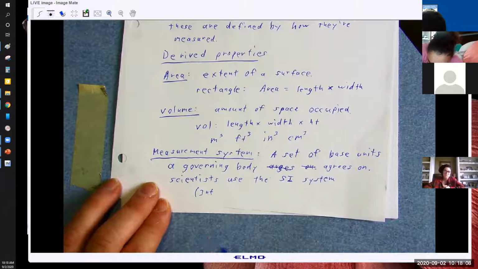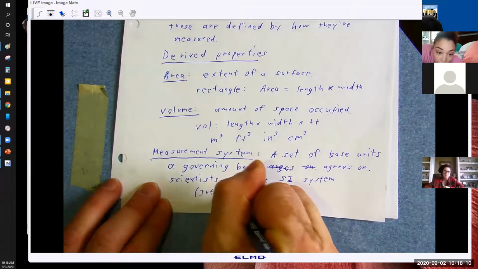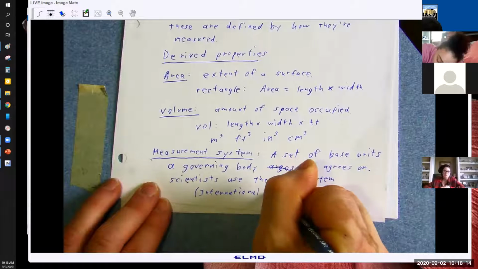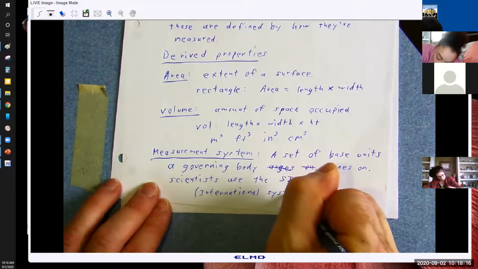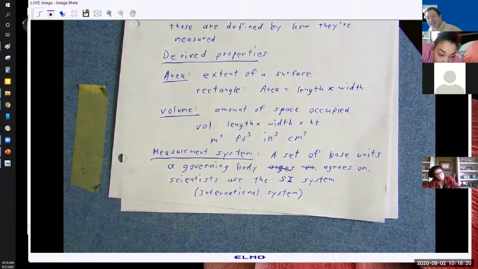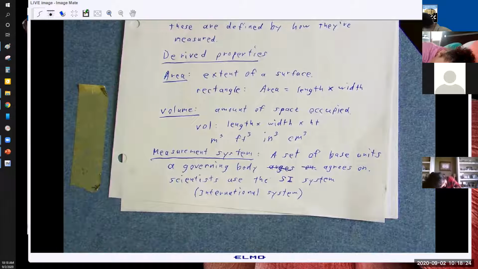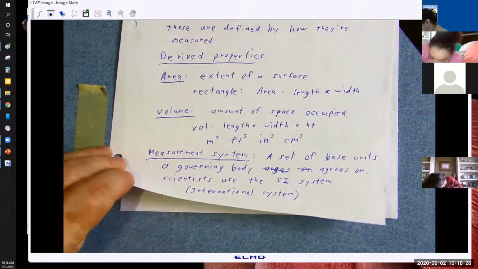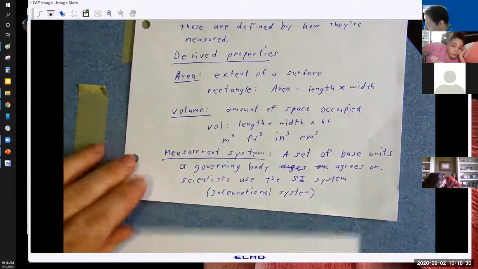What do we got? We got international system. So yeah, again, just do what you did. If you see a word that you can't read, let me know. Let me go to the next page here.